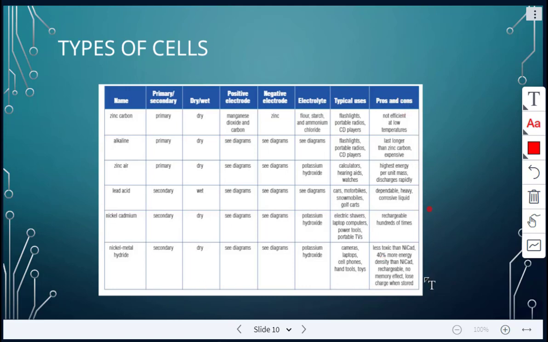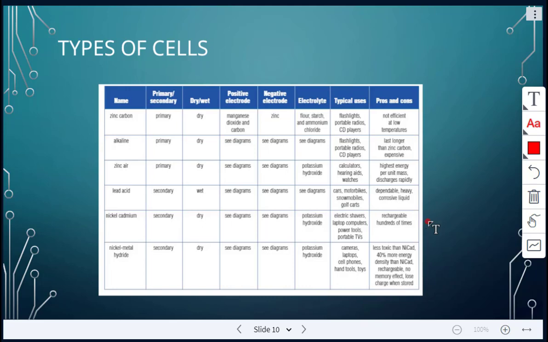Pros and cons are shown here as well, if they're efficient or not. So like a zinc carbon, it's not very efficient at low temperatures. Alkaline, they can last longer, but they are expensive. A zinc air has high energy. Lead acid, it's very heavy and it contains a corrosive liquid.